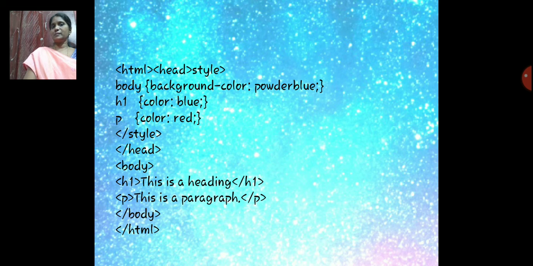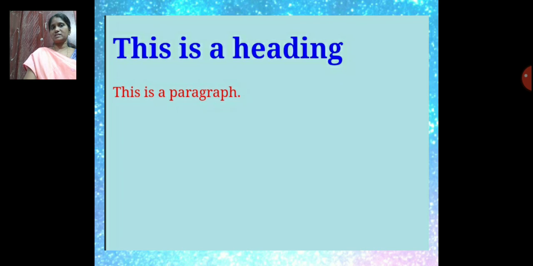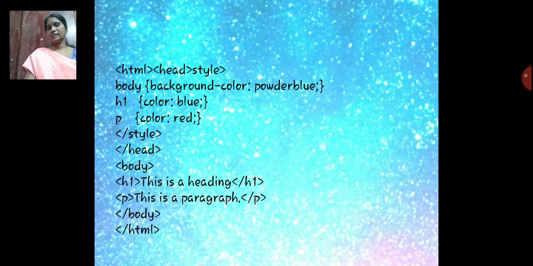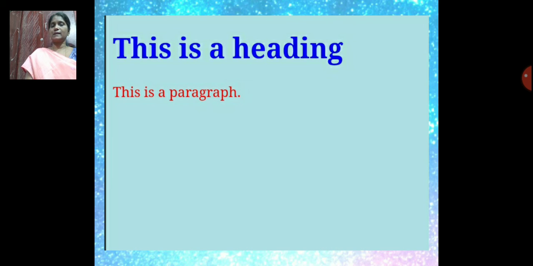The remaining is the same example we took previously. So this is called internal styling. The styling is given in head and the styling is applied on the body portion.